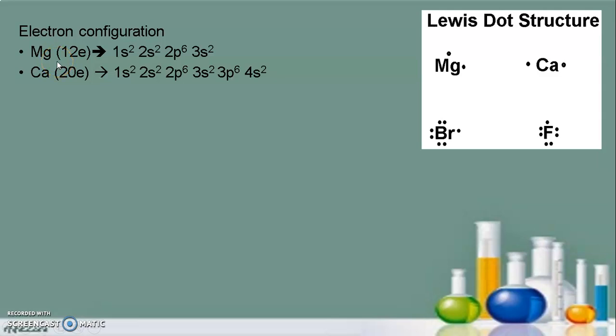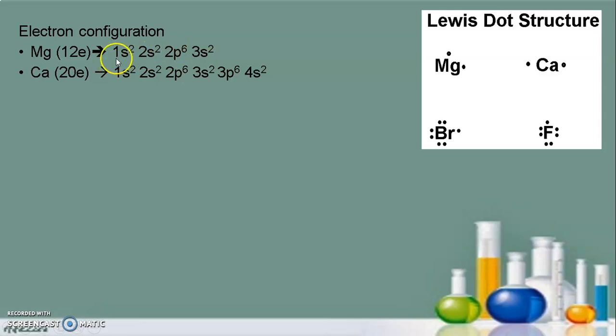So if you take a look at this, magnesium has an electron configuration of 1s2, 2s2, 2p6, and 3s2. Talking about groupings of your element, as explained in the previous slide, you need to take a look at the highest principal quantum number.